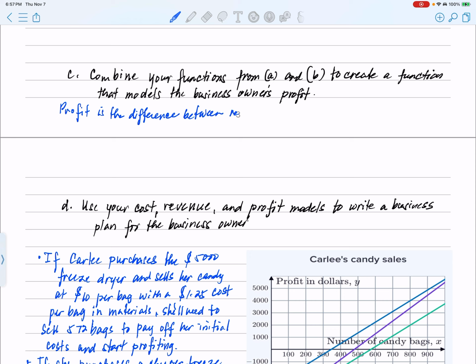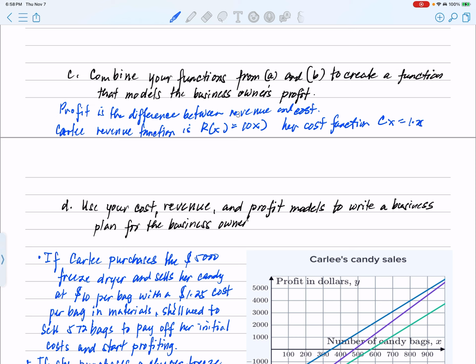And her cost function is equal to 1.25x plus 5,000. So her profit function would be the revenue function minus the cost function.